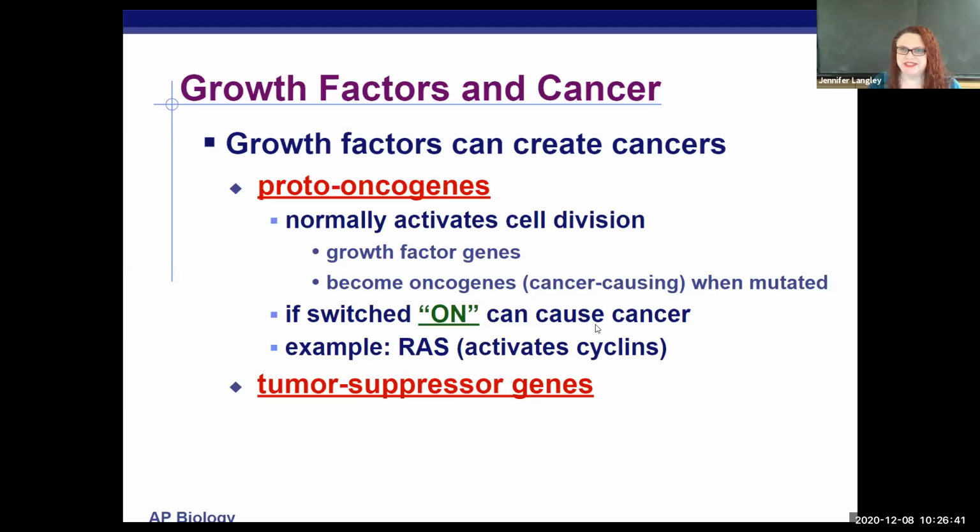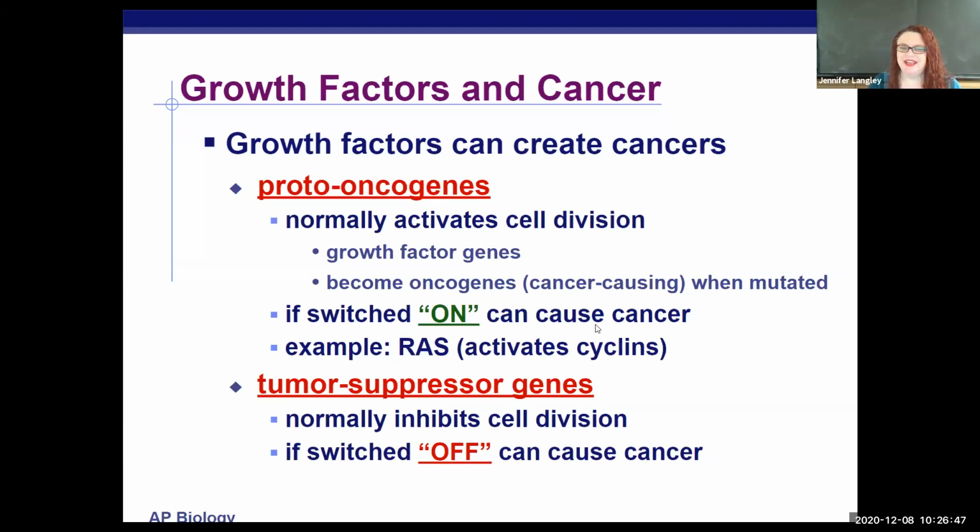Tumor suppressor genes work with the oncogene to turn off cell division. If we turn off this gene, it can't turn off the other. So when this is off, it's not telling the proto-oncogene to stop. So we can have a mutation here or a mutation here. This is a gene and this is a gene.